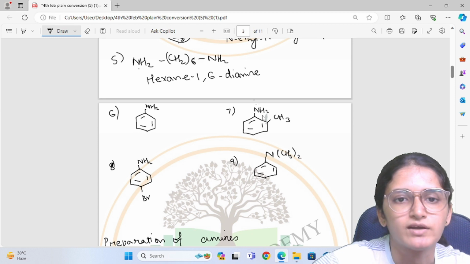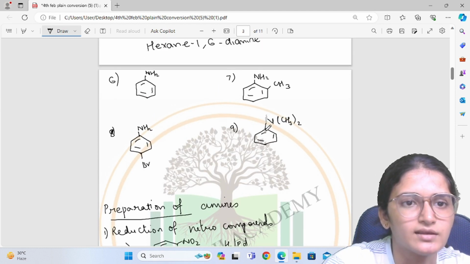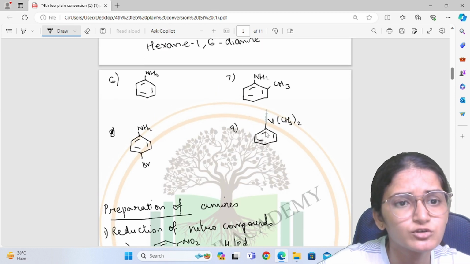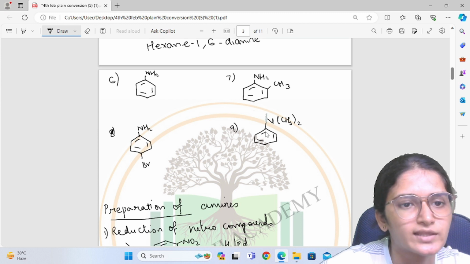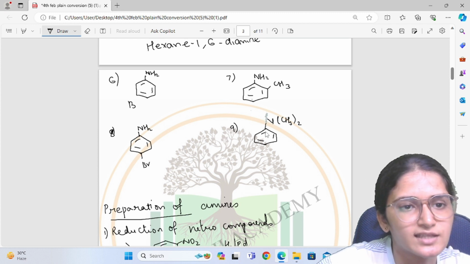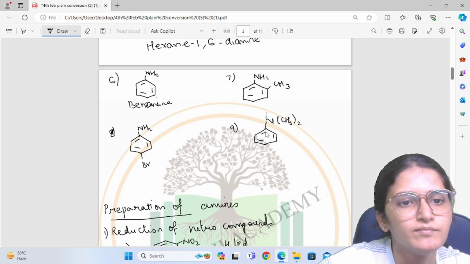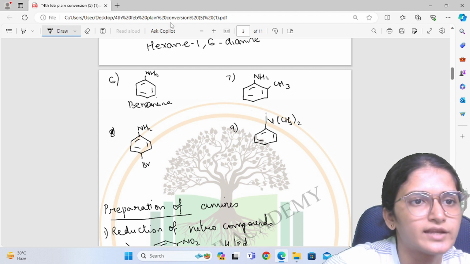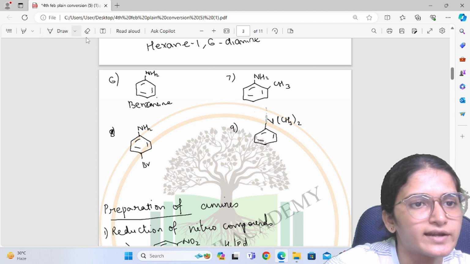Okay, hexane-1,6-diamine. Then aromatic groups. So a benzene ring attached to NH2, the name is benzenamine, and the common name that we use for a benzene ring attached to NH2 is aniline.